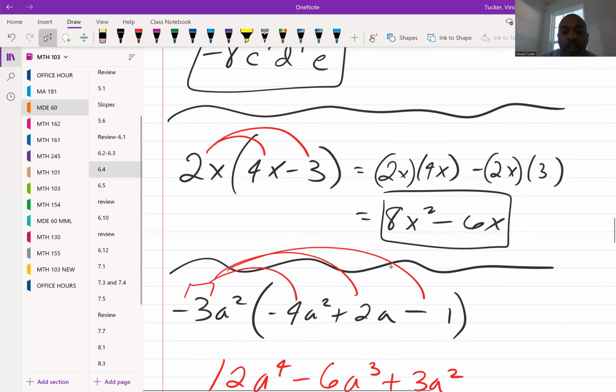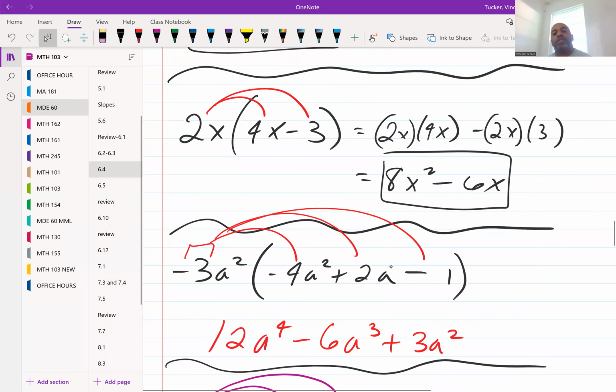All right. So next one, negative 3a squared times negative 4a squared plus 2a minus 1. Distribute the negative 3a squared to each term. So you have negative 3a squared times negative 4a squared. That will be a positive 12a to the fourth. Negative 3 times negative 4 is positive 12. A squared times a squared, a to the fourth, just adding your exponents. Then negative 3a squared times 2a is negative 6a cubed.